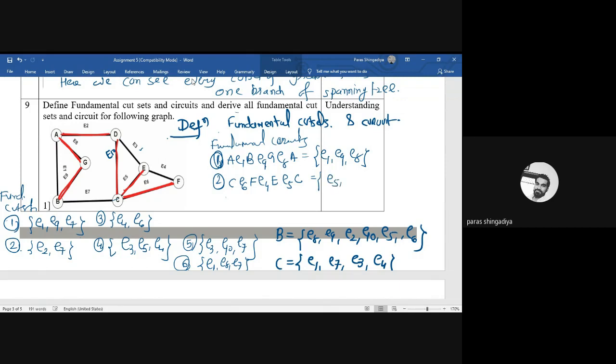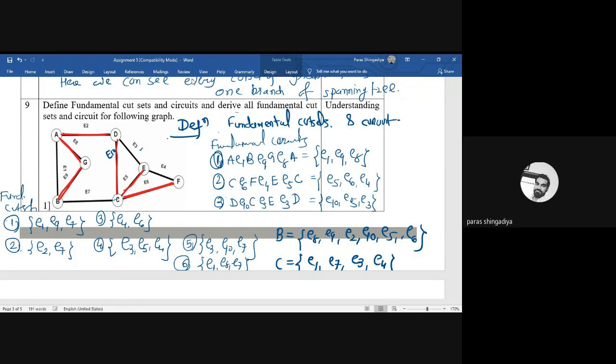E5, E6, and E4, where E4 is the only chord and the rest of the edges are branches. Now the third one, we can take the D, C, E triangle: D, E10, C, E5, E, and E3, D. D to D, that is equal to E10, E5, and E3.